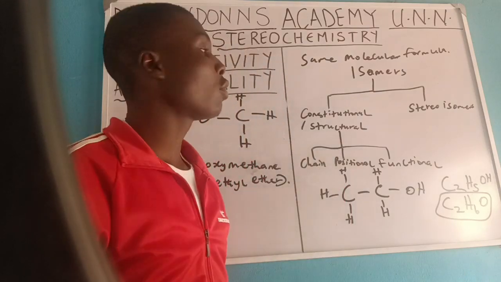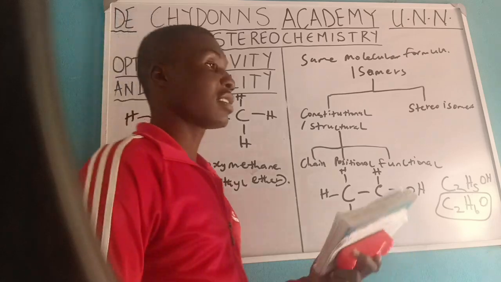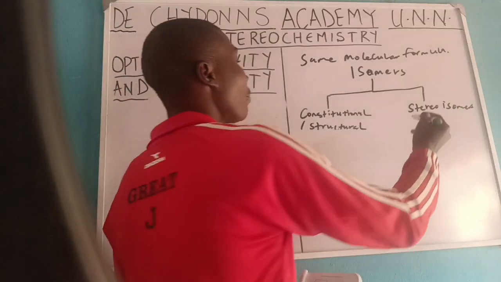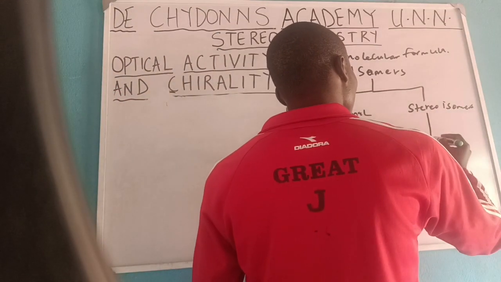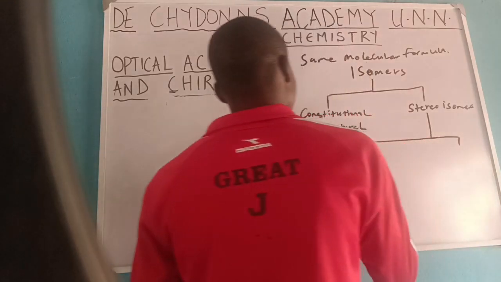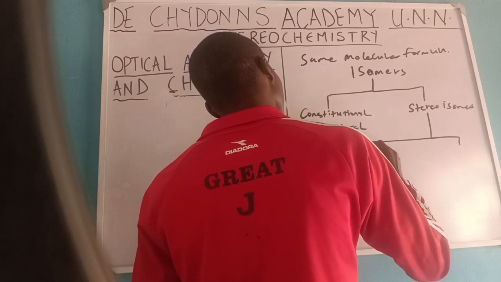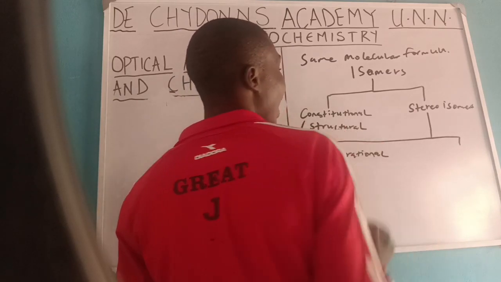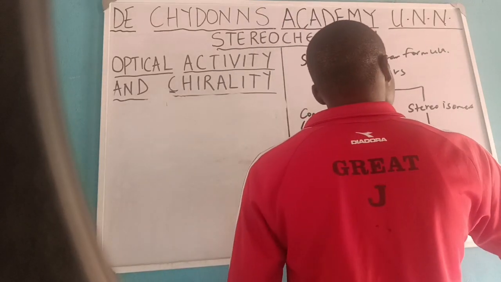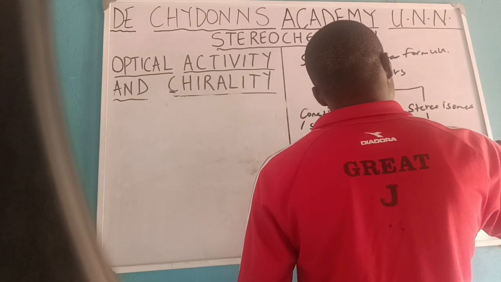For stereoisomers, we happen to have 2 types. We have the configurational stereoisomers, and then we have the conformational stereoisomers.